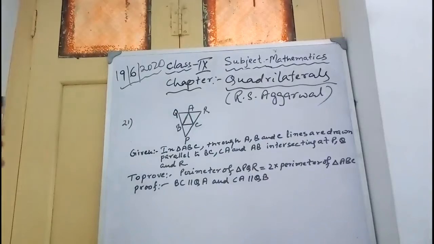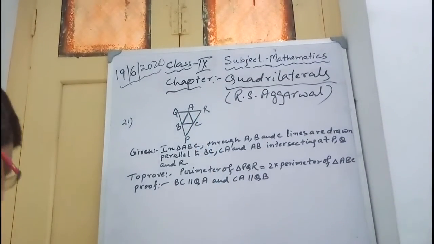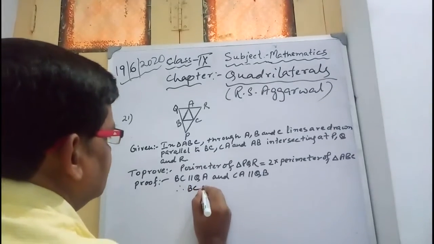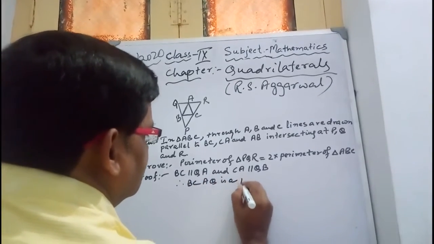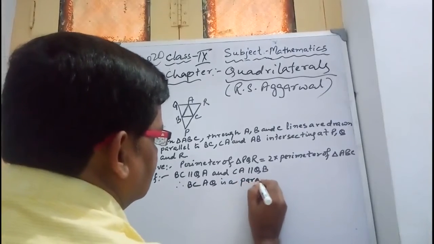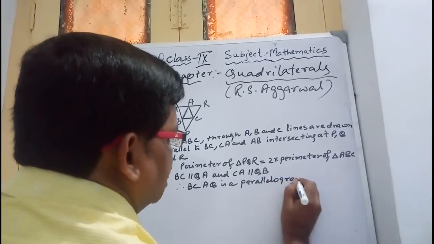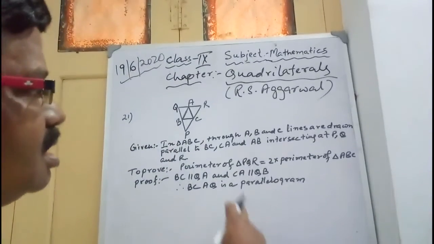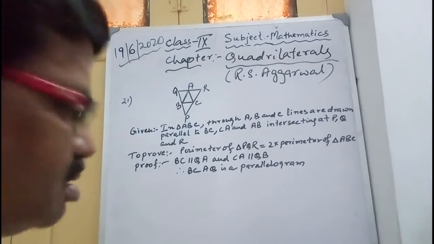BC is parallel to QA and CA is parallel to QB. Therefore, BCAQ is a parallelogram as opposite sides are parallel. Therefore, this quadrilateral becomes a parallelogram.